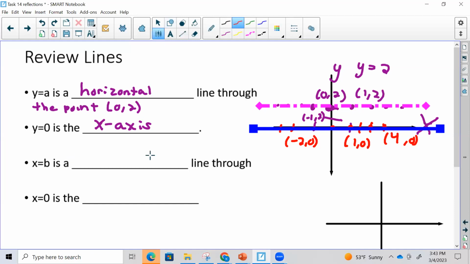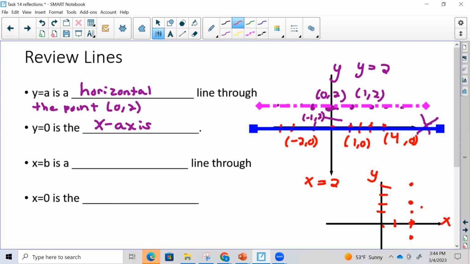So then if we think about x equals b, for example, if I said x equals 2, and I do it on this axis, so we have again our x and our y axis. So we think, where is x equals 2? Well, this is 0. I would come right to get where x is 2. And x is also 2 here, and here, and here, and here.